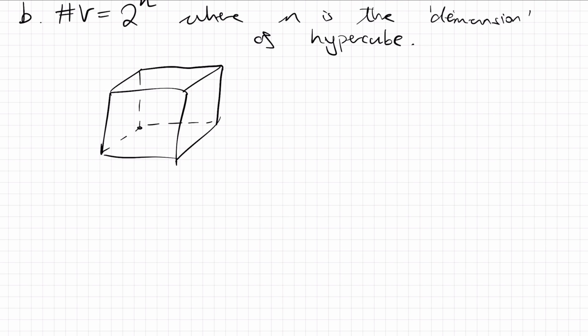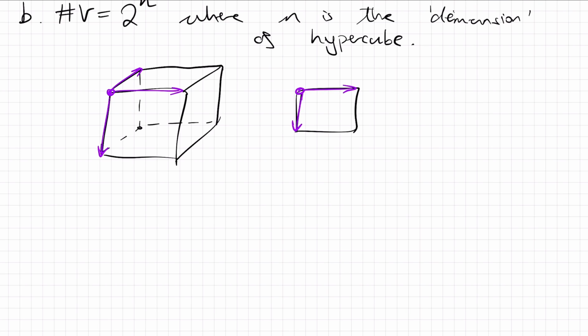So in a three-dimensional case, each vertex is connected to three other edges, right? That makes sense. So for example, this vertex here is connected to this edge, and this edge. For the two-dimensional case, each vertex is connected to two other edges.